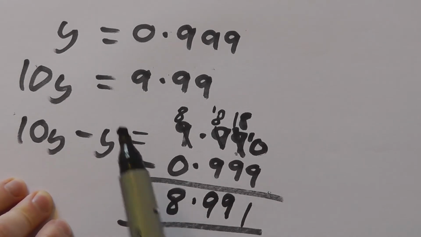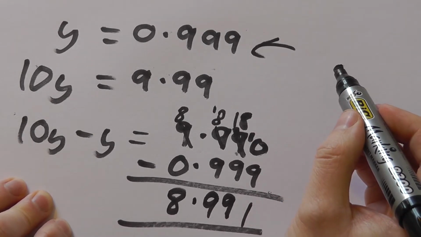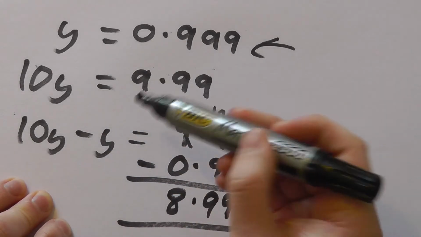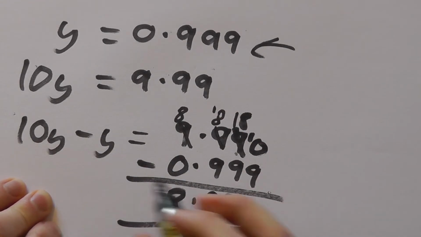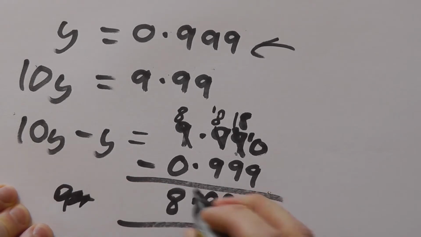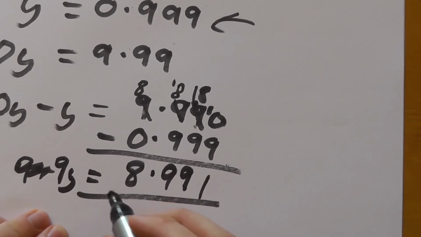So if I've done that right, in this case, when you're trying to do it with a non-recurring number of 9s, you end up with something that is not a whole number, and that's 9y equals that.